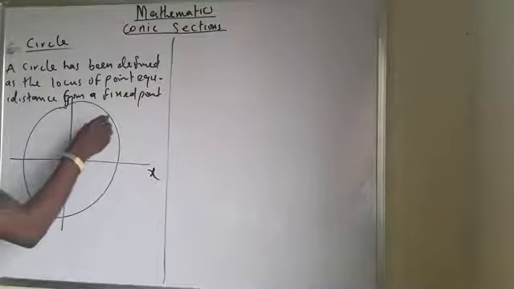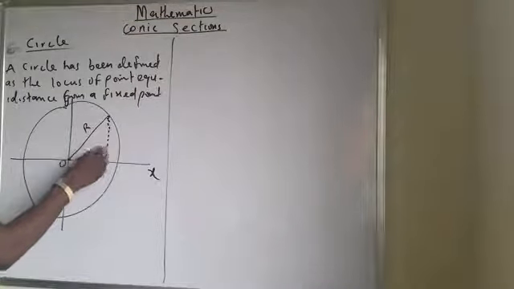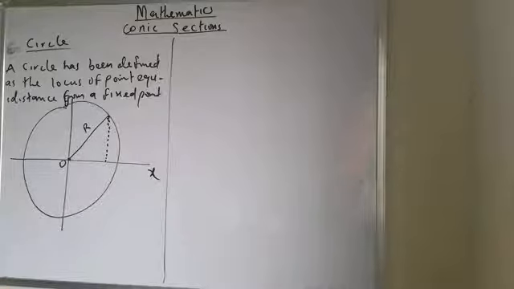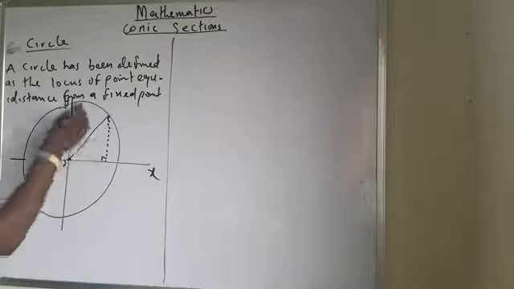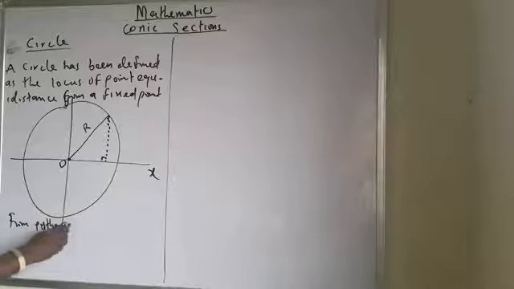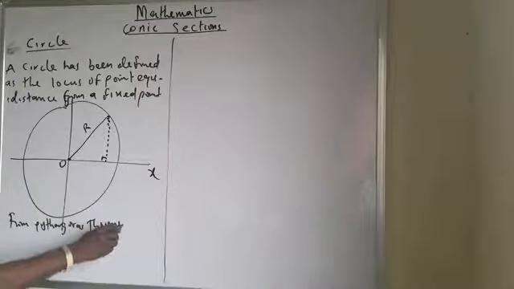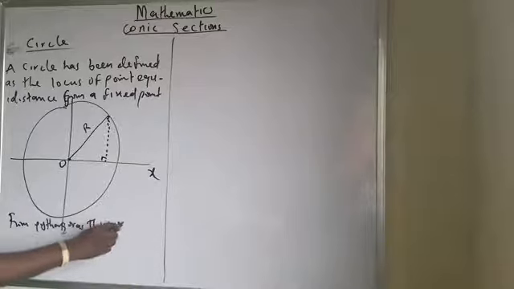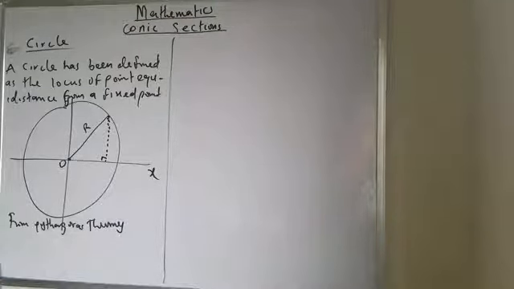If I have a line like this, successfully I've made a right angle triangle. Now, from Pythagoras, which tells us what?